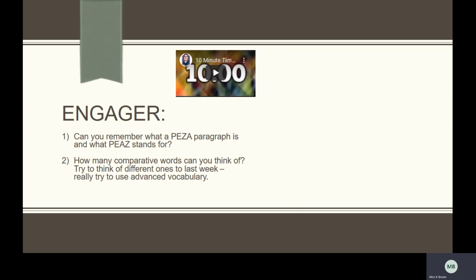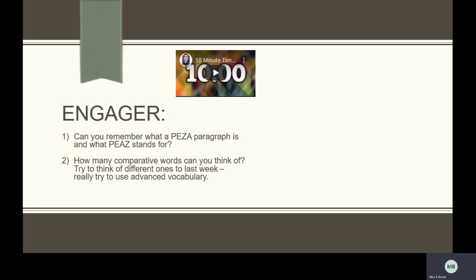Okay, so last week you might have thought of but, and, perhaps however. Okay, this week I want you to try and think of at least 3 comparison words, 3 similarities and 3 differences, and I want you to think of the most advanced way of saying that you can.